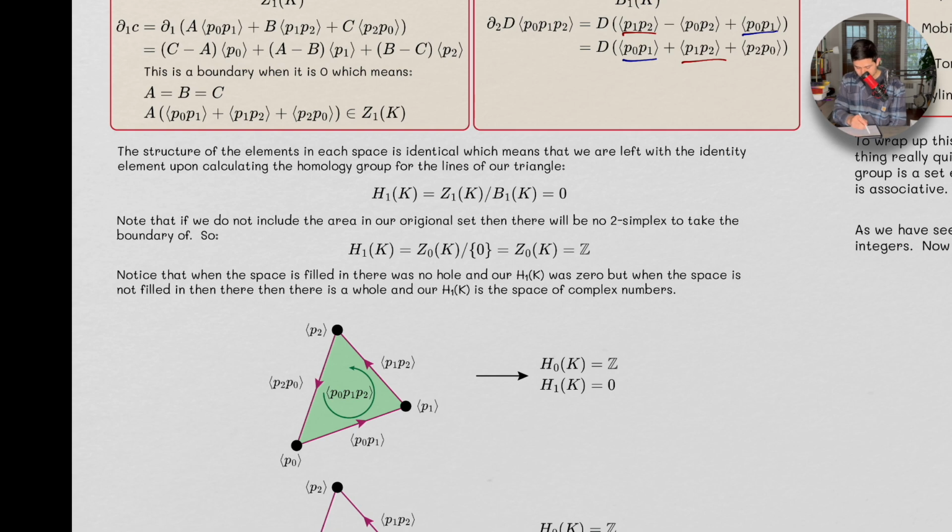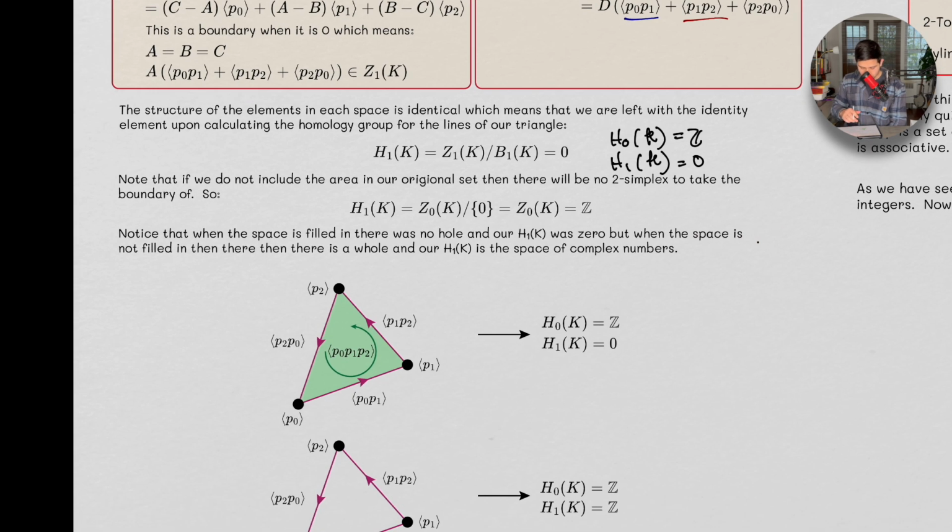So we had H0 of K, and we had H1 of K. H0 was Z, and H1 was 0. All right.